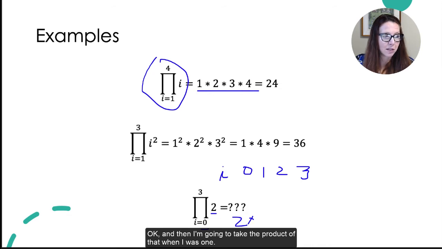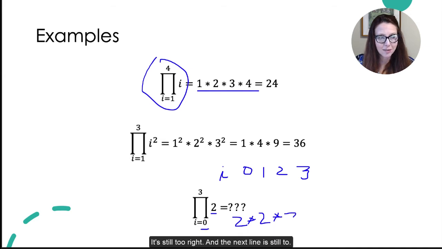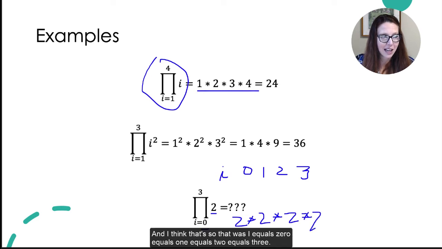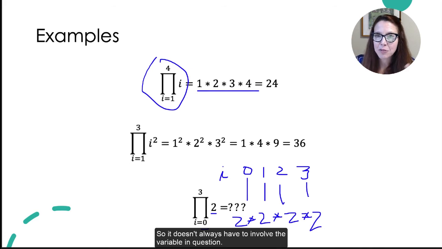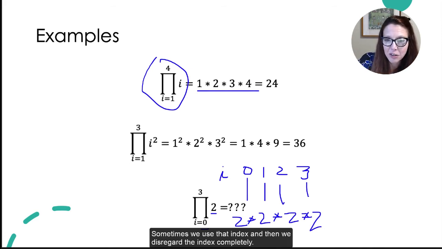When i equals 1, what is that equal to? Oh boy, I should have used a dot. 2. And then the product of that; next, when i equals 2, it's still 2, right? And the next one is still 2. So that was i equals 0, i equals 1, i equals 2, i equals 3. So it doesn't always have to involve the variable in question.